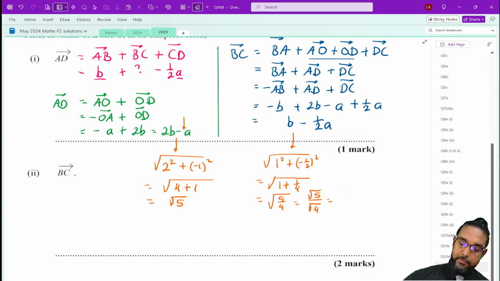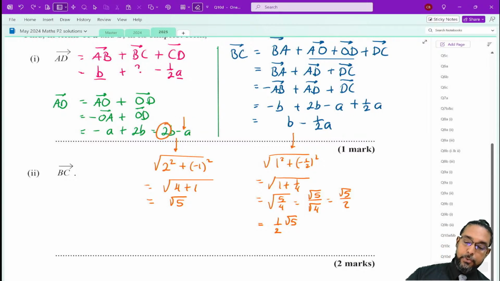The square root of 4 is 2, and this is the same as a half of root 5. So this here is a half of this, or you can say that this is 2 times that. And the thing is, you didn't need to actually find the magnitude. You could have seen that from here.